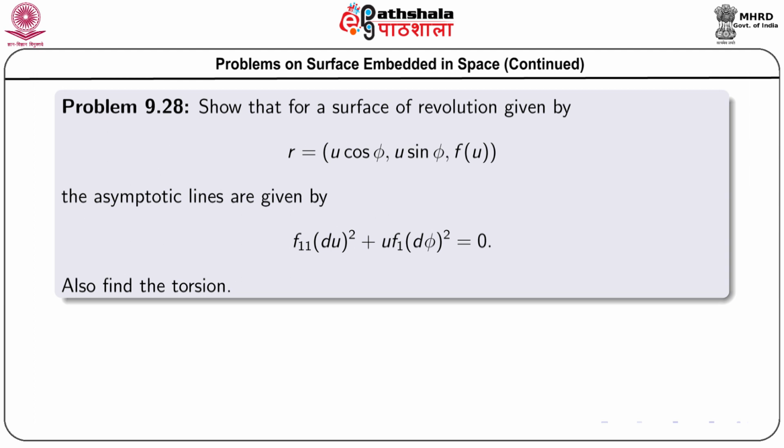And with this we shall find the torsion of the asymptotic lines by using Enneper's formula. So, now let us solve this problem.